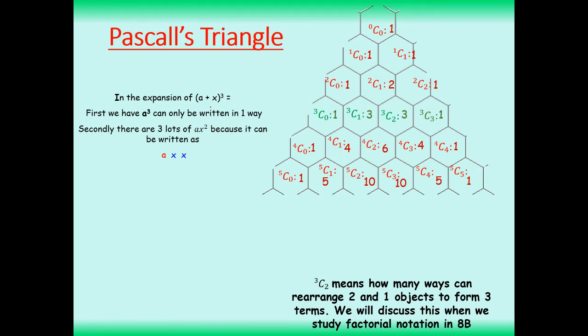When you are expanding, you will have to collect like terms. There is just one way of writing a cubed at the beginning, right? At the beginning of that expansion, we'll have a cubed, and because there's one way of writing it, its coefficient is 1. This green line here is what we're going to look at because the power is 3.